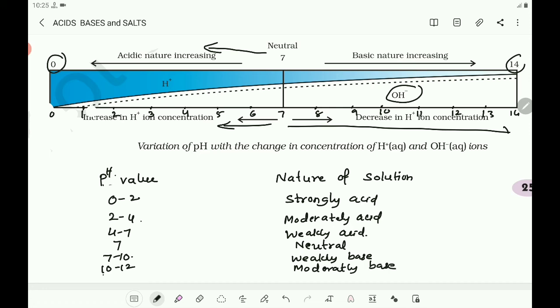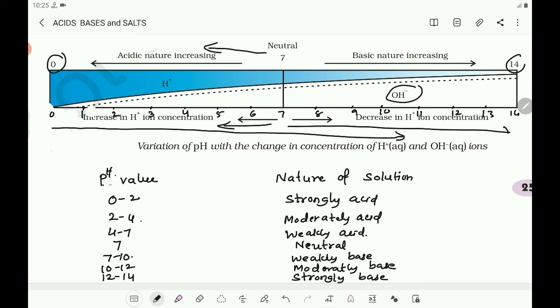If it is 12 to 14, then it is strongly basic. So if you move in this direction, acidic property decreases and basic property increases.